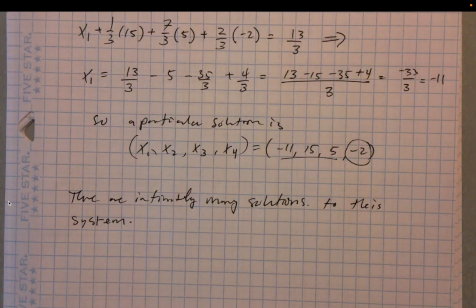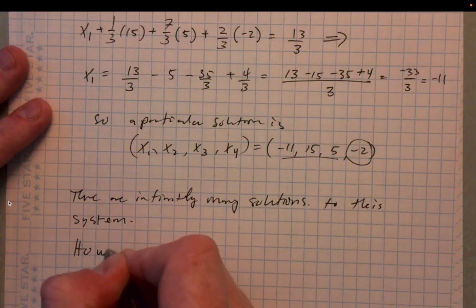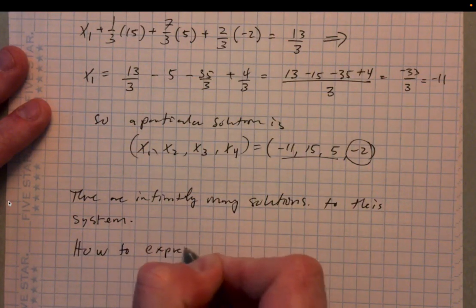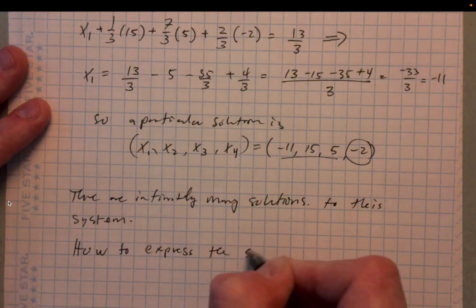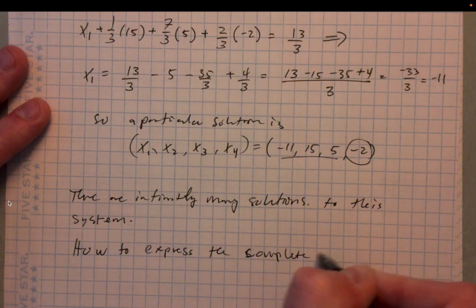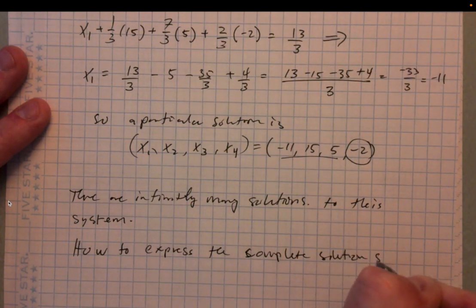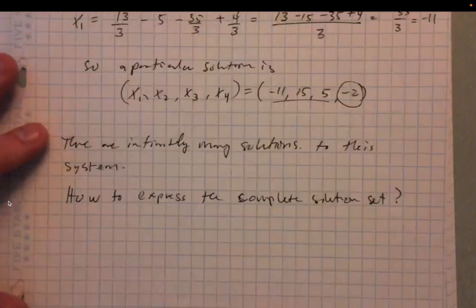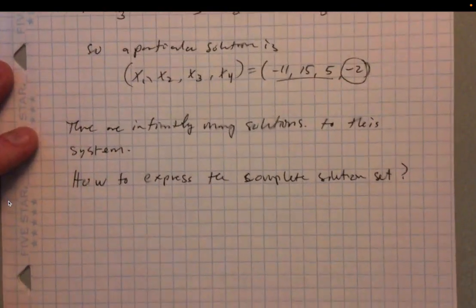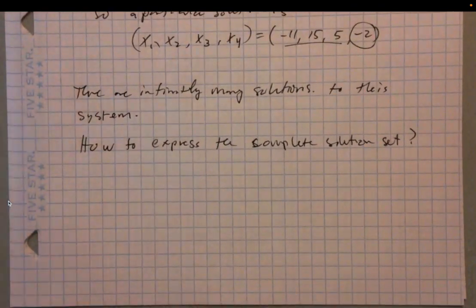Is there a way to quickly express the solution set? Obviously, we can't write them all down. There's infinitely many of them. But is there some way to denote them or to identify the structure of them?